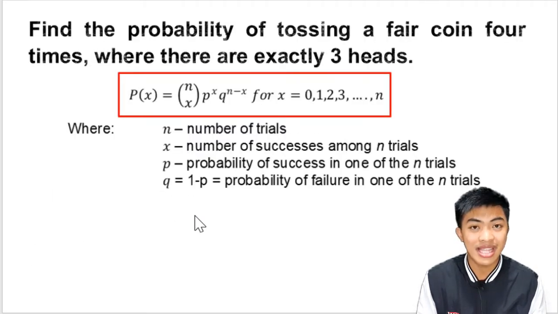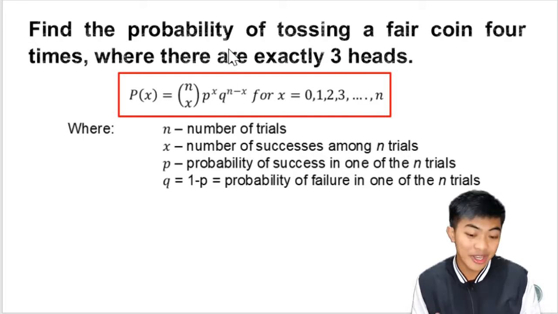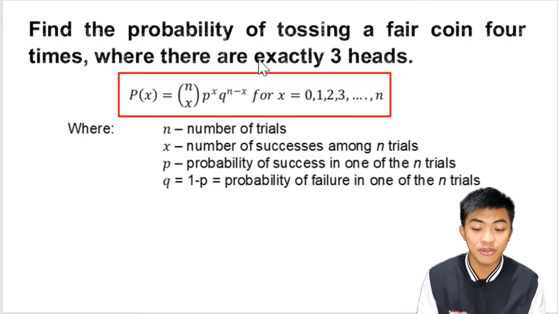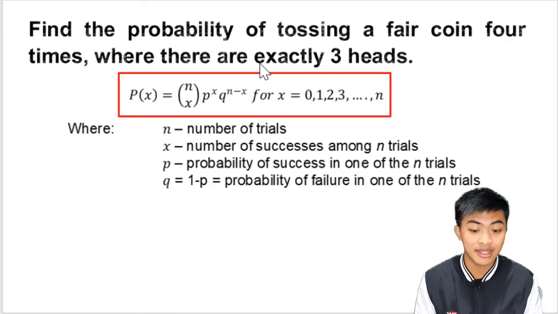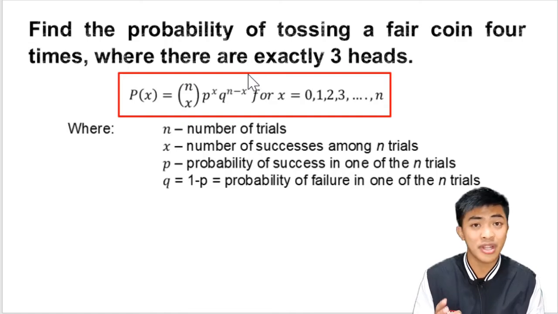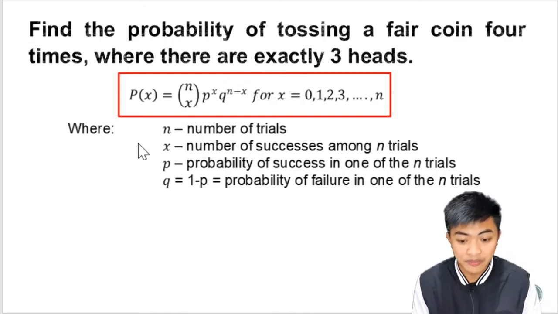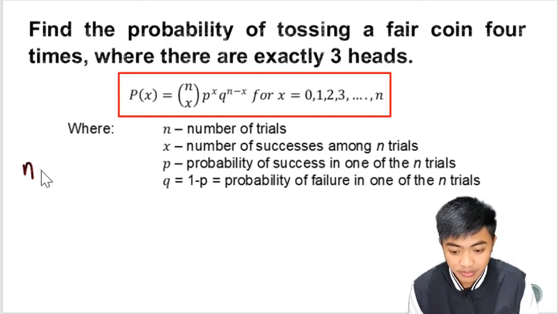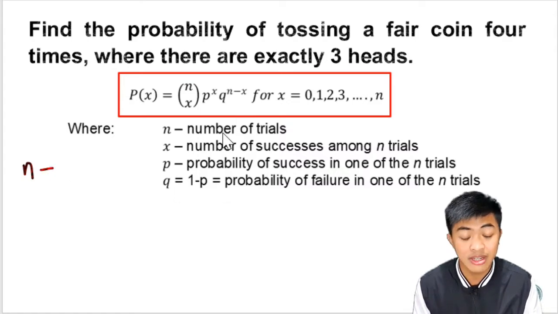So, gagamitin na natin yung formula na to solve this problem, okay? So, find the probability of tossing a fair coin 4 times where there are exactly 3 heads. Okay, so first step is, of course, we need to identify the given. So, n, sabi dito sa formula, n is the number of trials.